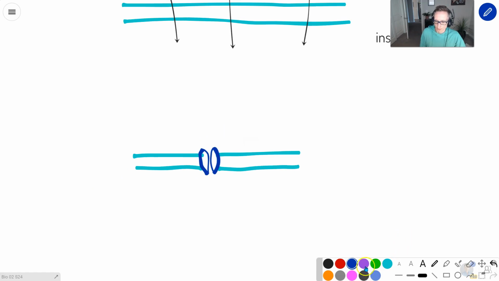Let's draw a sodium ion, a bunch of these would be sodium ions. And they're very high in concentration outside of the cell. Those would be sodium ions. And they will just want to go right down here, down their concentration gradient. So sodium ions would love to get down here.